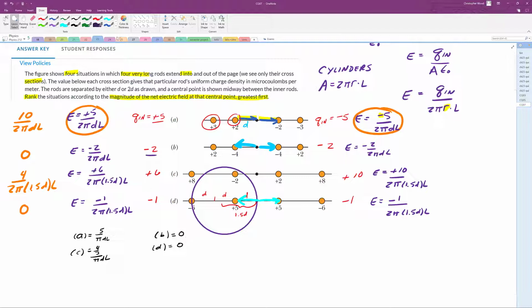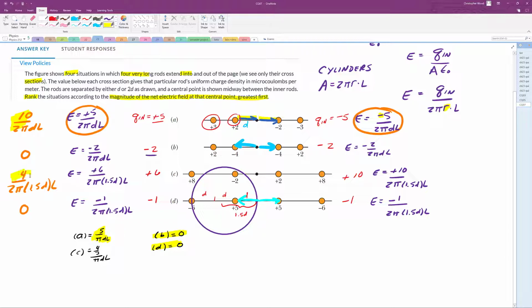Let me make things clear and just repeat one more time and sanity check. Situation B and D produce no electric field at point P because you have that destructive interference, that cancellation. Situation A, I have 10 over 2 pi dl, which is why I'm saying this is 5 over pi dl.